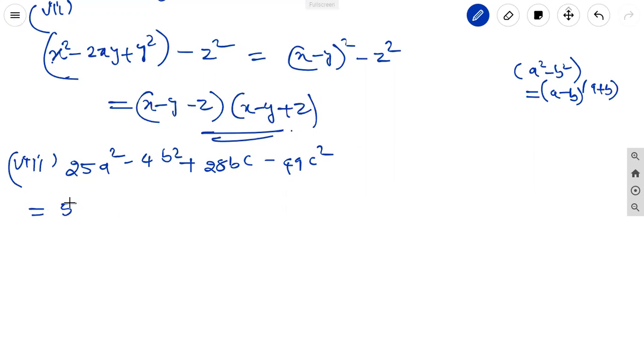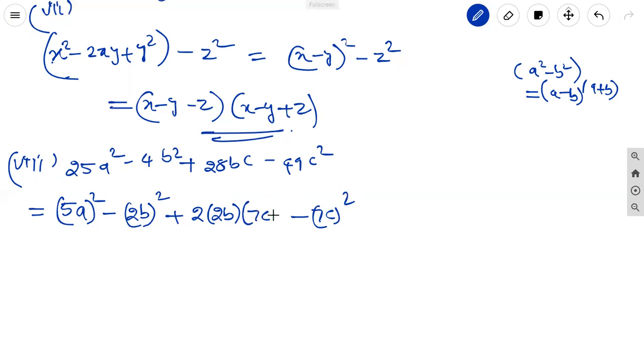Here 25a square can be written as (5a) whole square, minus 4b square means (2b) whole square, plus 28bc, and 49c square can be written as minus (7c) whole square. 2 into 2b into 7c is 28bc.